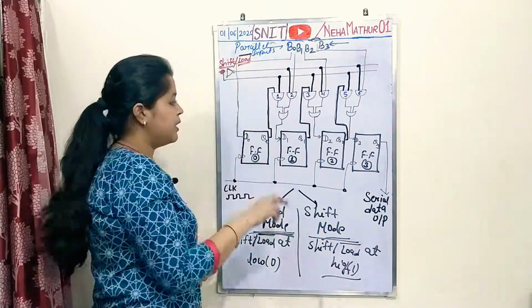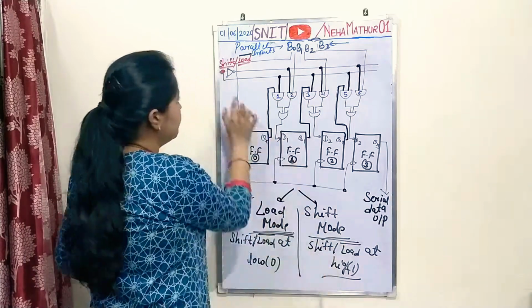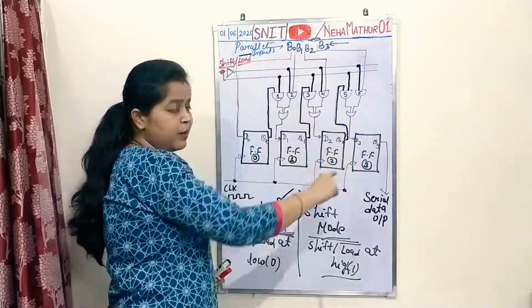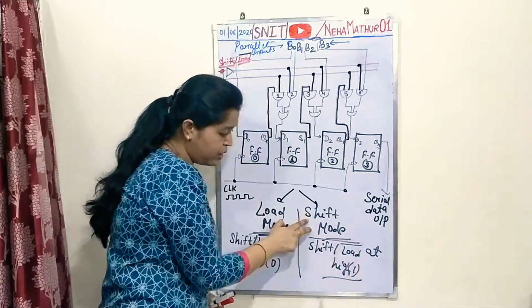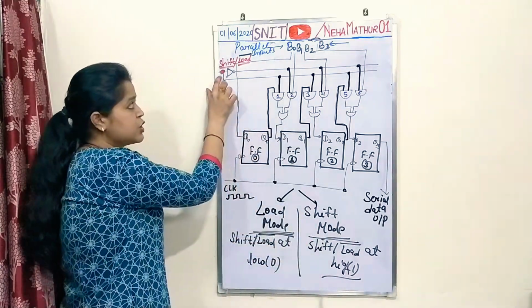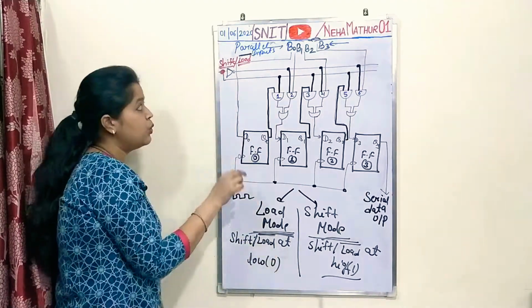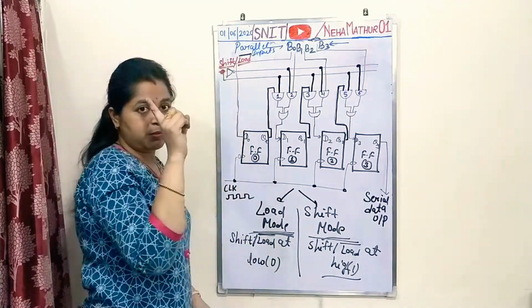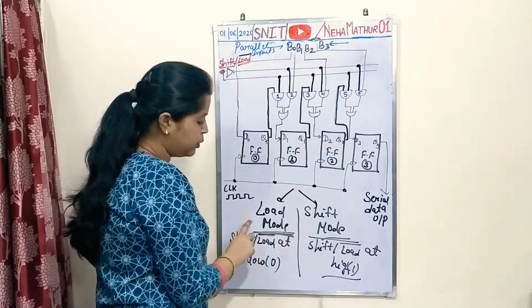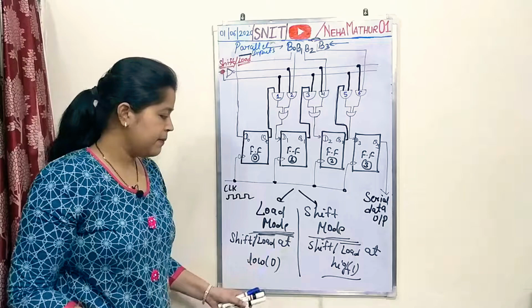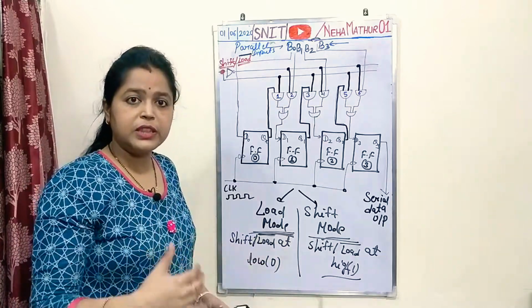So with the 1 value for this node, your circuit will be operated for shift mode, while by keeping this node at 0, you are making load bar 1. So your circuit is going to deal with load mode operation. This is the way to go with the operation.